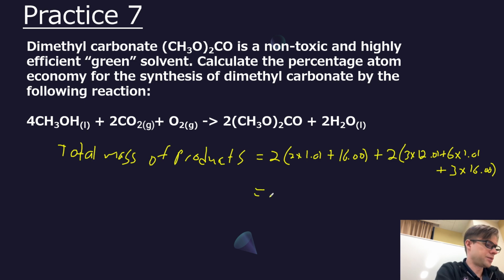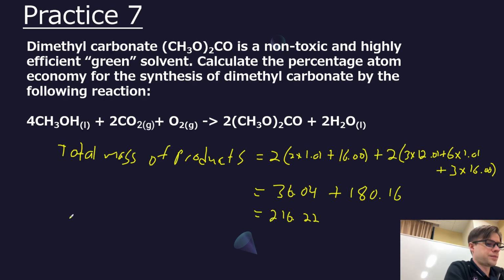So I just multiply these through a little bit. On the left side here we have 36.04 atomic mass units, and then on the right we've got 180.16. So in total, it's 216.22.